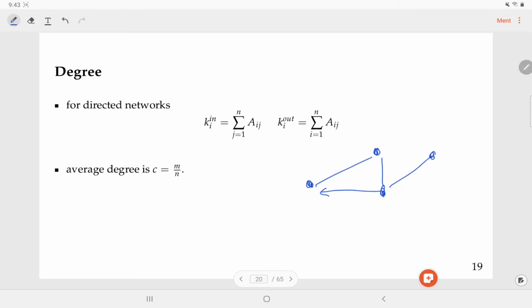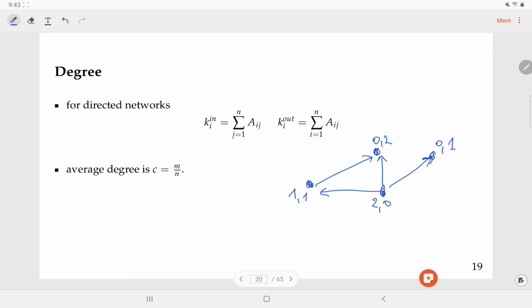So if we have a direction, let's say this kind of direction, then of course this has out degree 1 and in degree 1. This has out degree 2 and in degree 0. This has out degree 0, in degree 2, and then 0 out degree and in degree 1. I hope that the first one was always the out degree and the second one was the in degree.